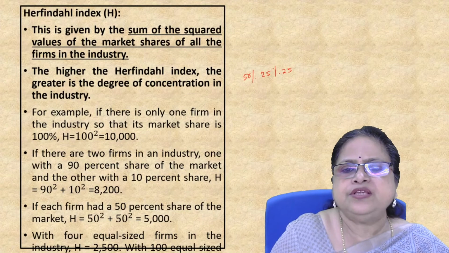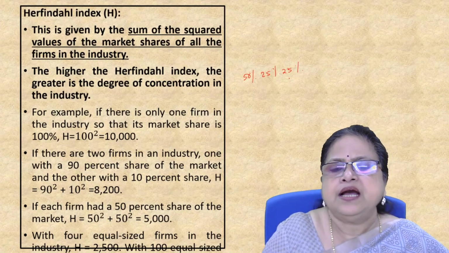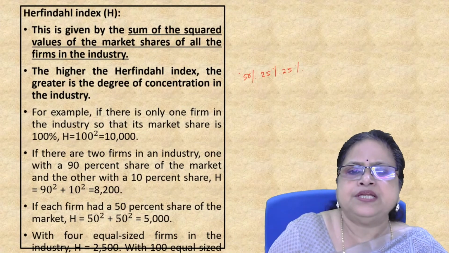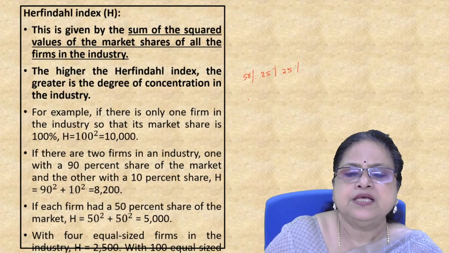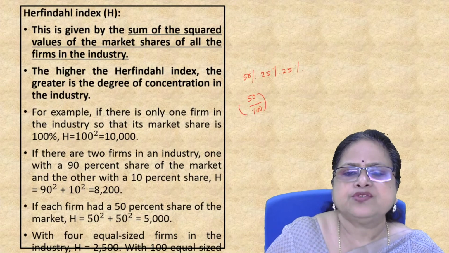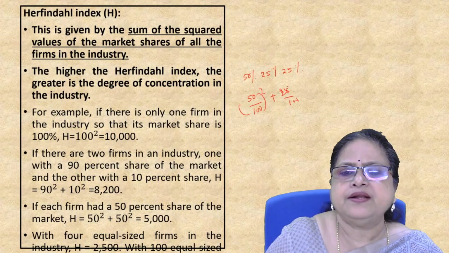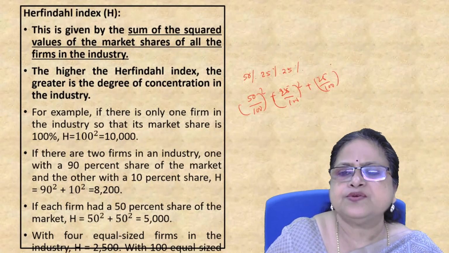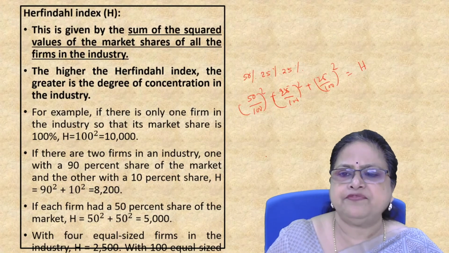The industry is composed of three firms. So now you can write down (50/100) squared plus (25/100) squared plus (25/100) squared. That will give you the Herfindahl index.